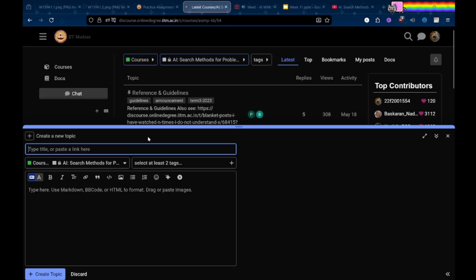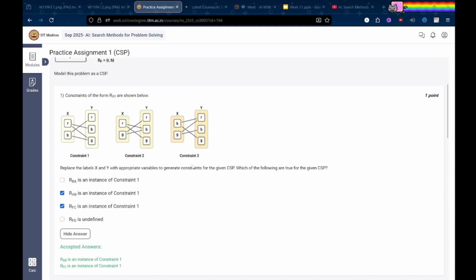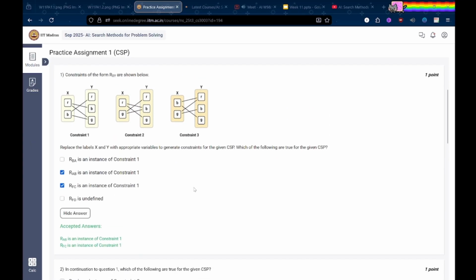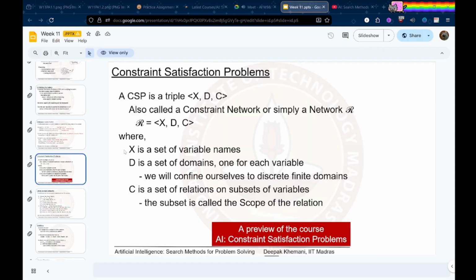Definition of RA. Clarification regarding definition of what a relationship means. Okay, we should be very careful with the wordings. Yeah, clarification for, sorry, definition for, what can I say?